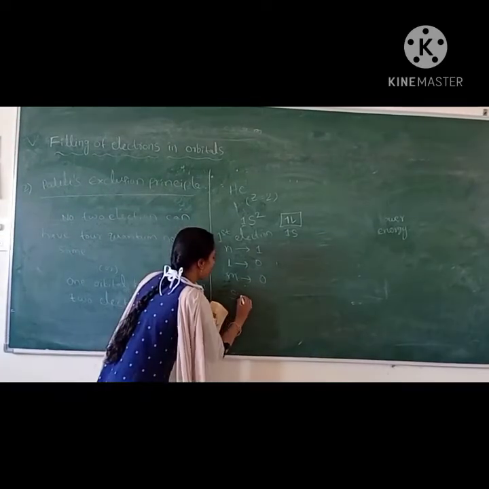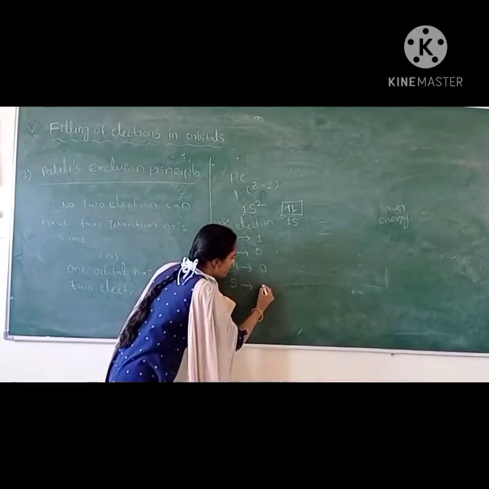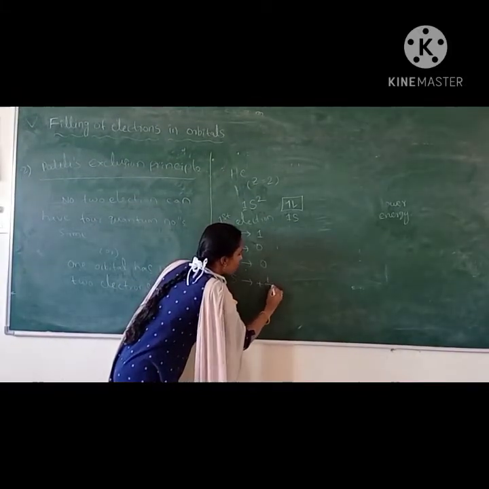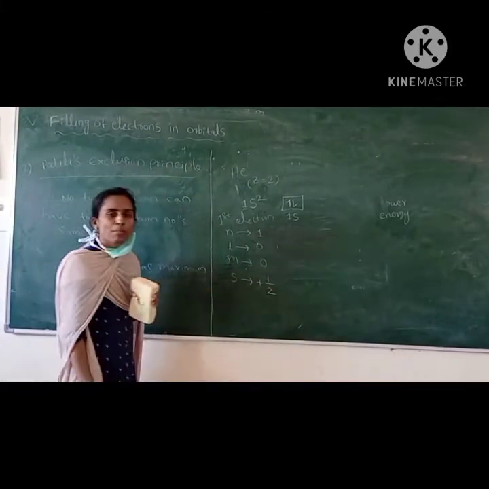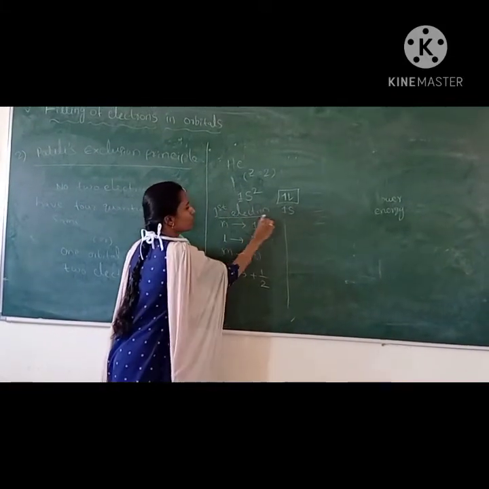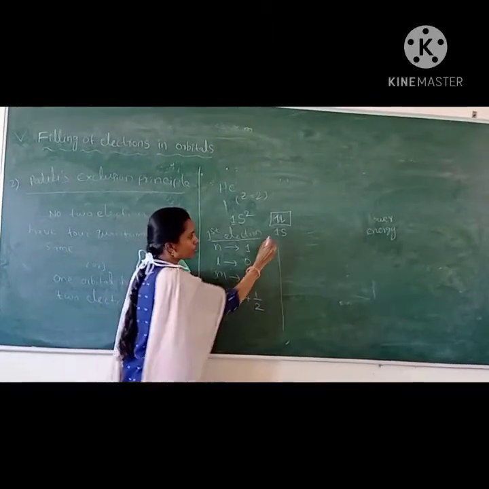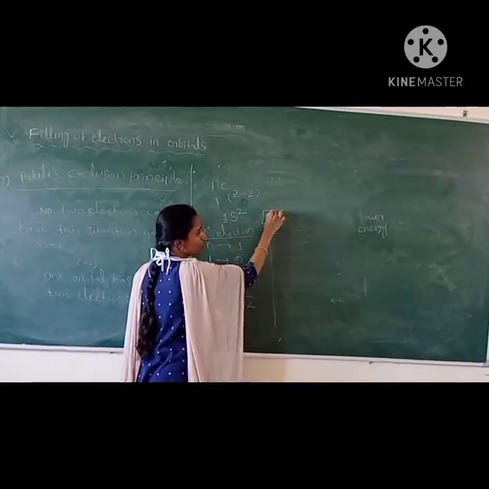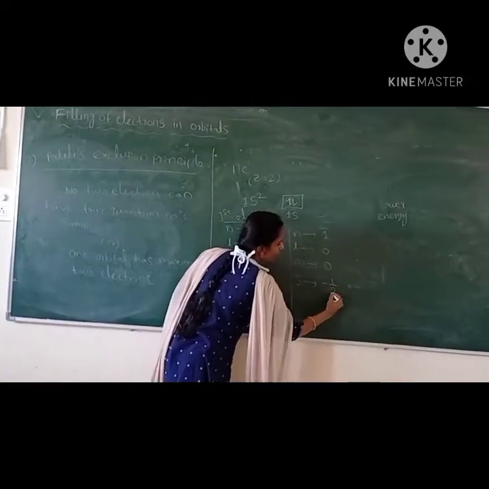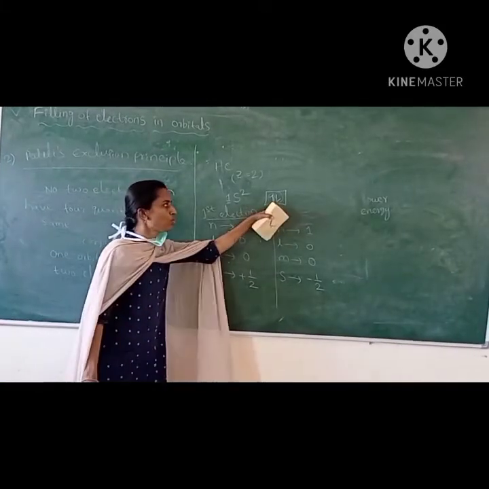And then the spin of the first electron, parallel spin means clockwise direction, so the spin quantum number is +1/2. If we write the 4 quantum numbers for the second electron, it is -1/2. So the spin quantum number is different for these 2 electrons.